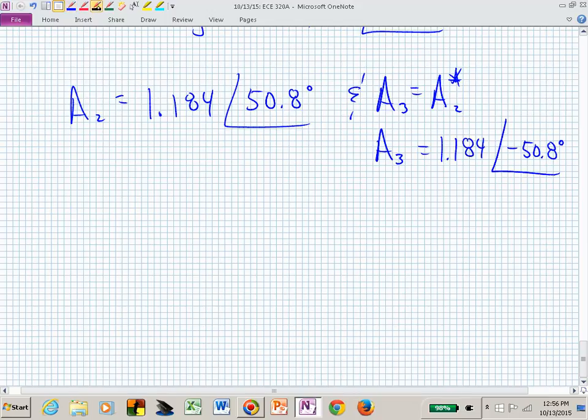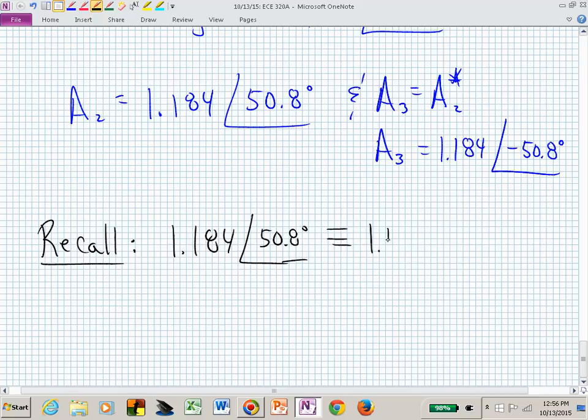And what I want you to remember is that this polar notation is really a shorthand. This is really equivalent to 1.184 e to the j 50.8 degrees. And you'll want to make sure that you're paying attention to whether you're treating that angle as a degree or as a radian measure.